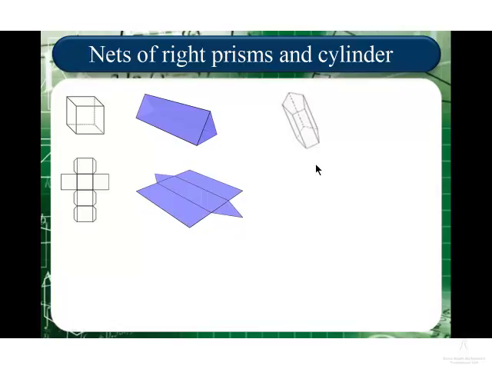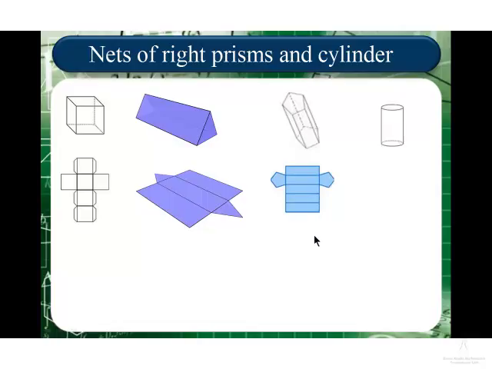If you consider, for example, the pentagonal prism, and we unfold the 5 sides similarly, together with the pentagon which makes up the top and the bottom, then we have something which looks like this. So this is a representation of a net for a pentagonal prism that we considered in the previous slide.